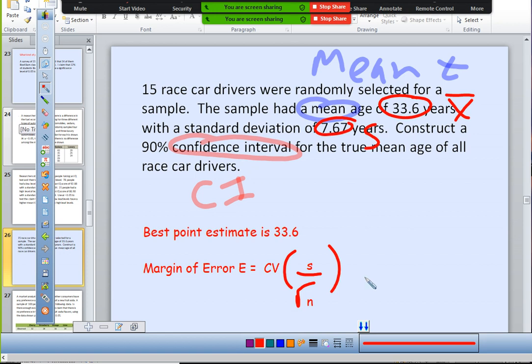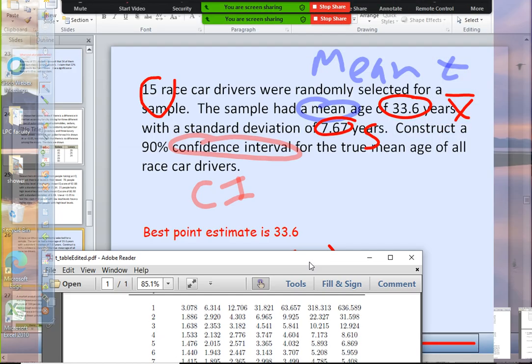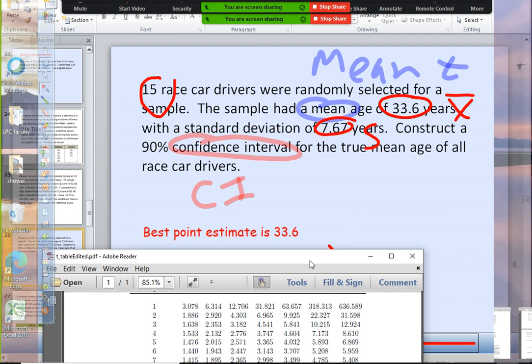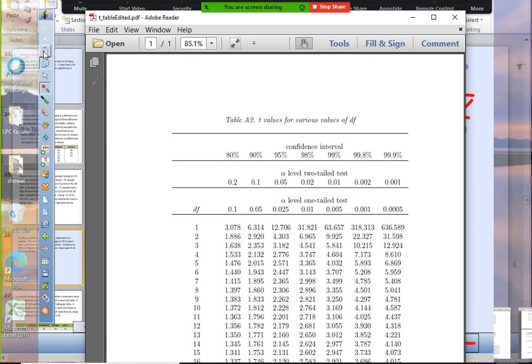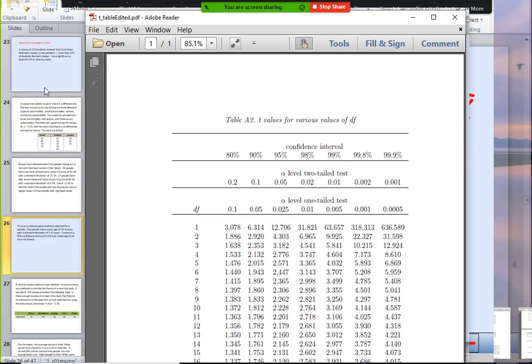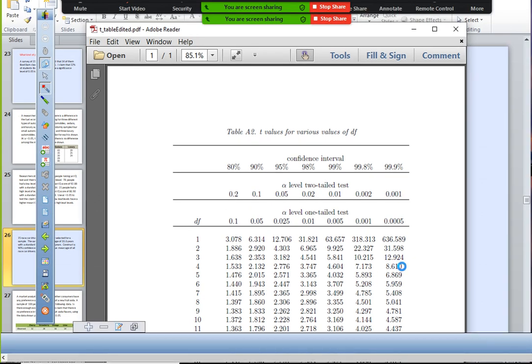So critical value, I need to look that up from the table, which I don't have handy. 15 race car drivers. I bet I do have a table handy. Let's see. T table. This is a mean, Mr. T, so it's T, and 90% confidence interval. Degrees of freedom, 14.